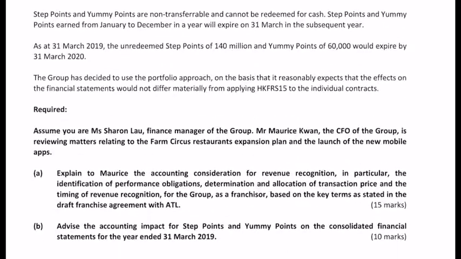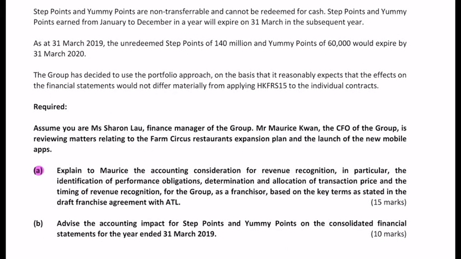Let's look at the requirement. Let us consider part A only. You are required to explain to the CFO the accounting considerations for revenue recognition, in particular the identification of performance obligations, step 2 of the revenue model, determination of transaction price, step 3, allocation of transaction price, step 4, and the timing of revenue recognition for the franchise agreement with ATL.